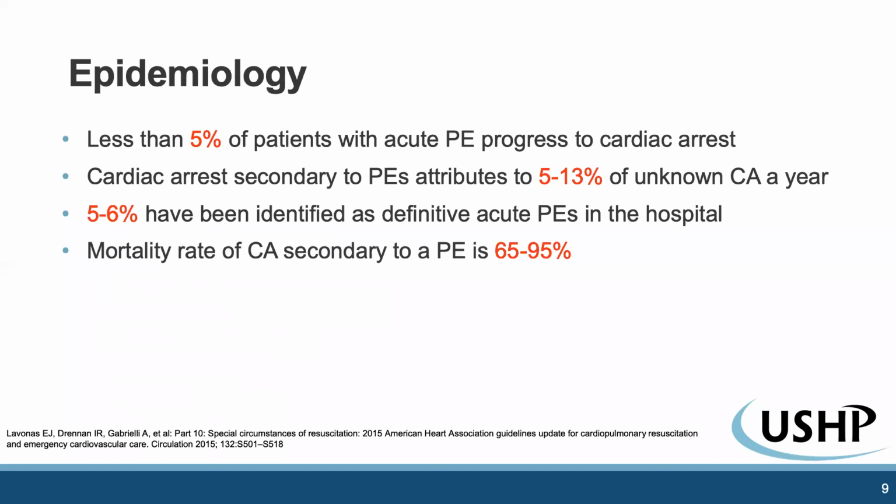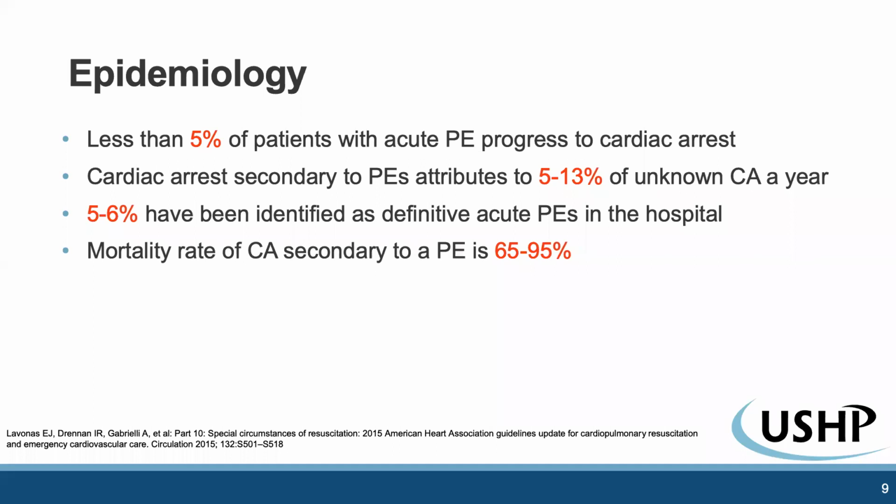And so we will first get started with looking at the epidemiology behind pulmonary embolism-induced cardiac arrest. Less than 5% of patients with acute pulmonary embolisms progress to cardiac arrest. Cardiac arrest secondary to PEs accounts for 5 to 13% of unknown cardiac arrests a year.